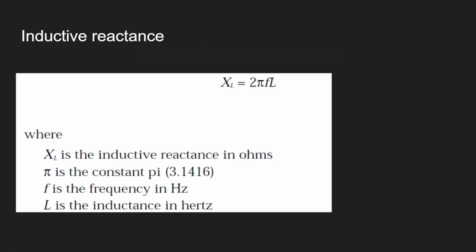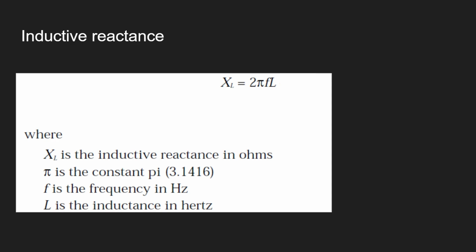Inductive reactance is very easy to understand. It is 2 pi FL. So you see that XL, inductive reactance, is directly proportional to F. So when the frequency is very large, the XL will be very large. So it likes DC more.